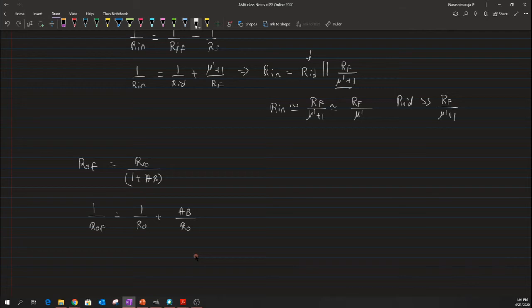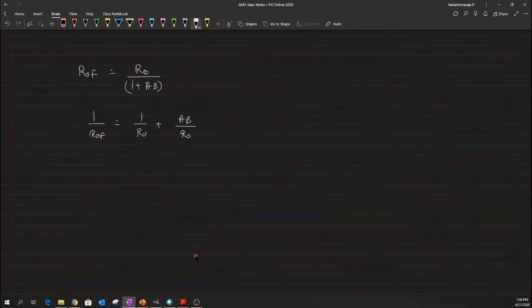Now we know that the value of this A beta is written as something like Ri by Rf, and we still have this R naught sitting here, and we have something like Rf in parallel with RL.